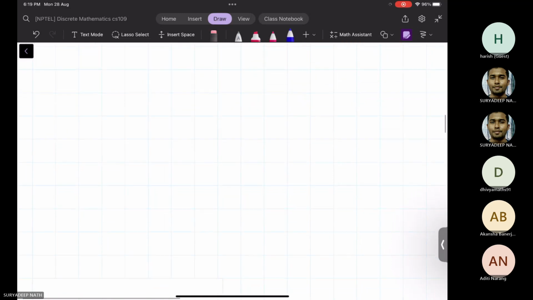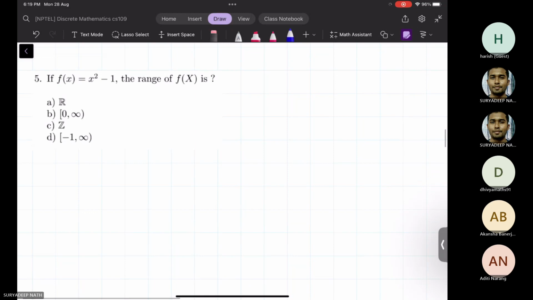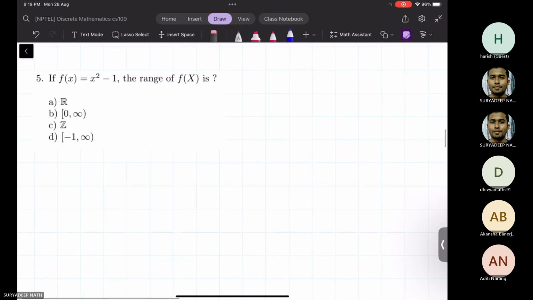Now let us move on to the next question. So you have this function f(x) equal to x squared minus 1. What is the range of f(x)? Range of f(x) means what values f(x) can take.